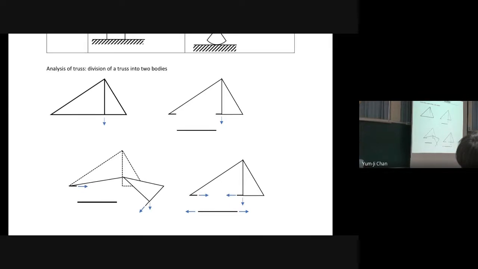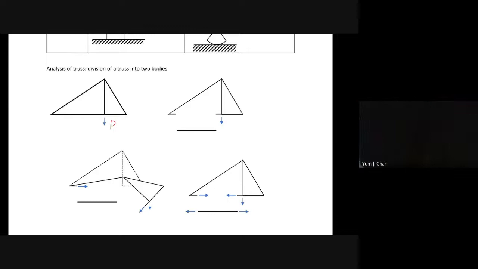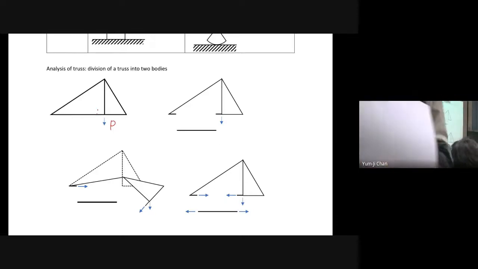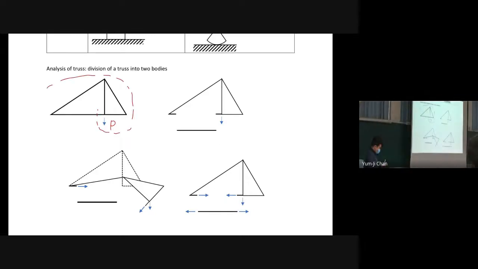In the original problem, we have P here, right? Now we are talking about a free body here. And of course, we have RAX, RAY, and then we have RB.